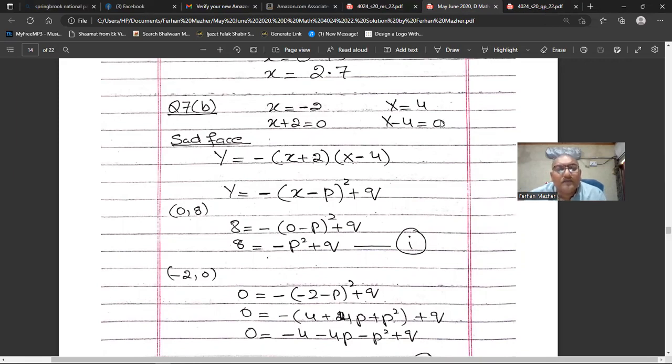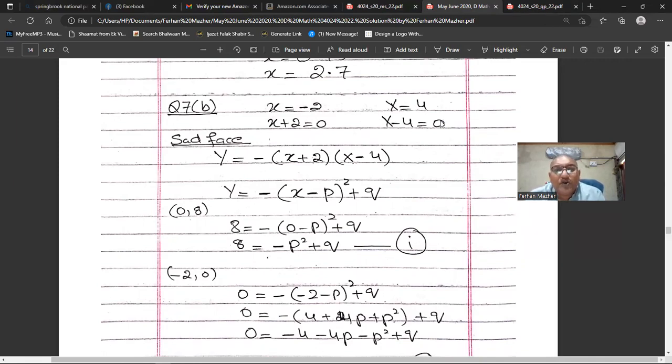If you remember this concept, if you know the coordinates of the turning point, then y will equal minus bracket x minus p whole square plus q. That is the main question for us.